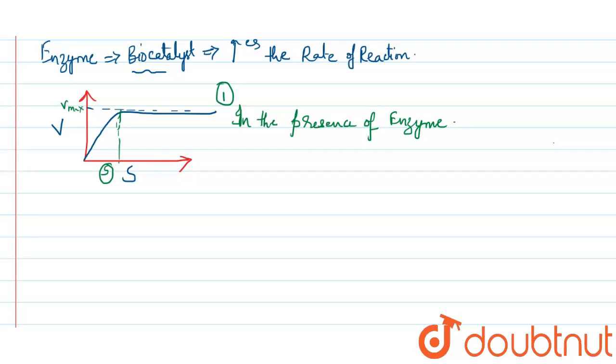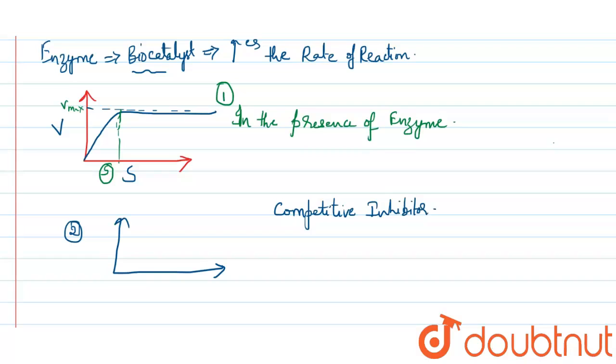And the next condition is in the presence of a competitive inhibitor. In the presence of a competitive inhibitor, there is competition for the enzyme between the inhibitor and the substrate. So the inhibitor decreases the availability of enzyme to the substrate.